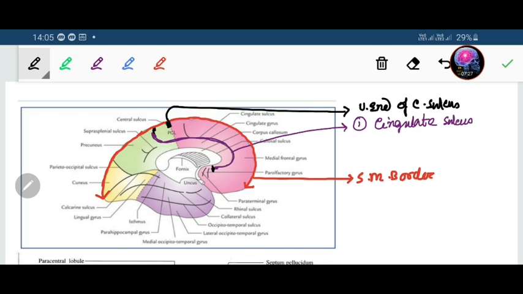So a little bit behind the upper end of central sulcus, the posterior upturned end of cingulate sulcus reaches the superomedial border. The area between the cingulate sulcus and the corpus callosum is known as the cingulate gyrus.